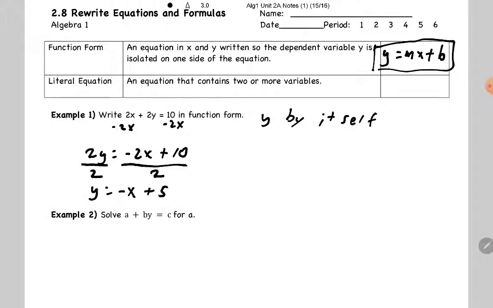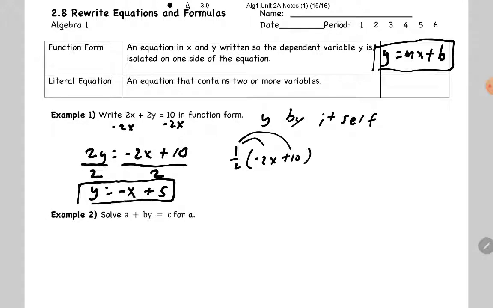Remember, when you divide one whole side by 2, that's the same thing as multiplying by a half. So that's all that's going on here, that distributive property. Okay, so that's my answer: y equals negative x plus 5.